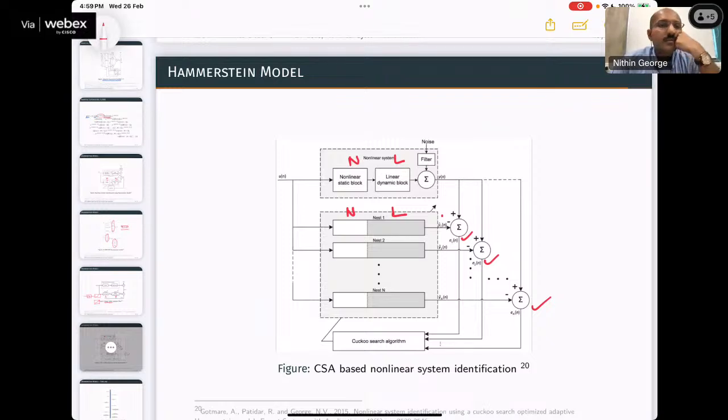Participants, you can put up your queries in the chat box. Nitinji, you can un-share the slide.